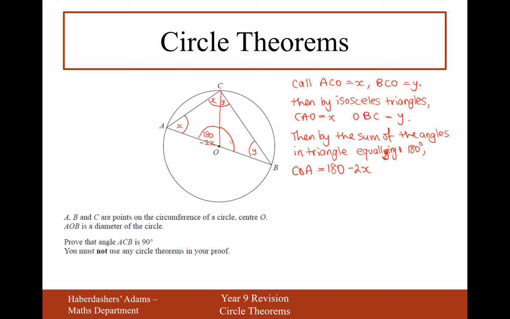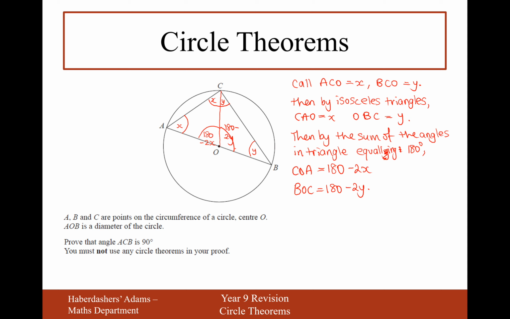And the same on this side as well, 180 minus 2y. So that will be BOC equals 180 minus 2y.